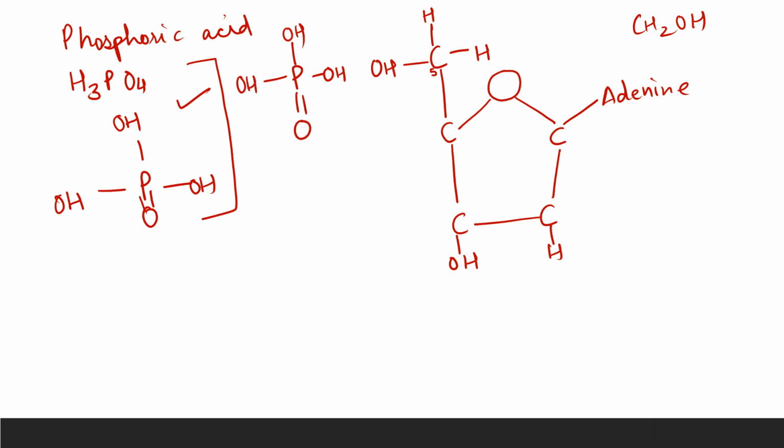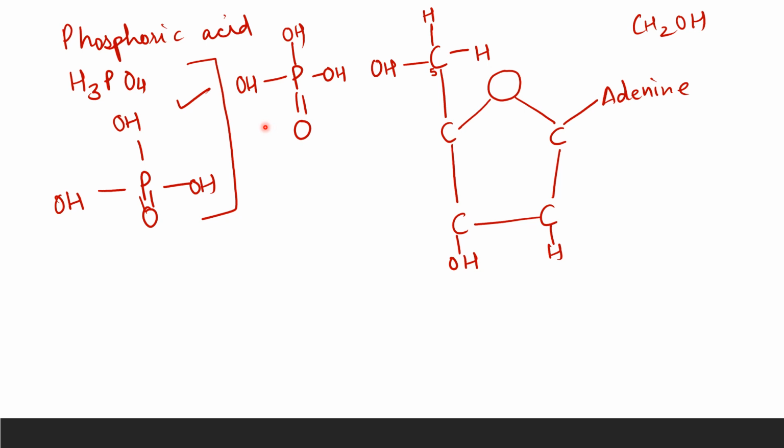All right. So what we need to do now, when this is a C5, right, and we have phosphoric acid. Phosphoric acid is an inorganic compound, right? It is acid, but it is an inorganic compound, right?